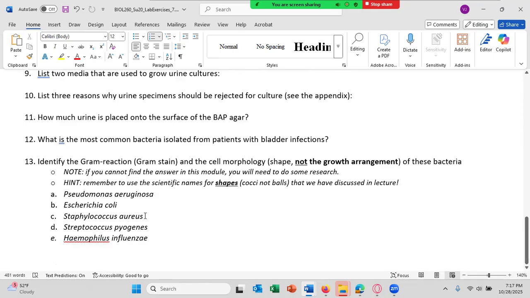And then 13A, what's the Gram reaction and the cell morphology of Pseudomonas aeruginosa? B, the Gram reaction and the cell morphology of E. coli. C, Staphylococcus aureus. D, Streptococcus pyogenes. And E, Haemophilus influenzae. Any questions about this lab?